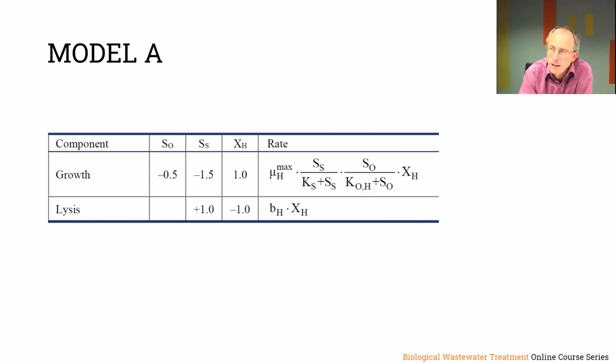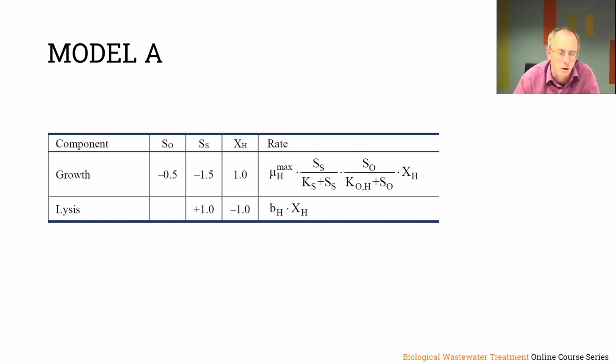If you would rewrite this now in terms of a yield which is 0.6 or 0.66, as a standard yield which is used in wastewater treatment, then 1 divided by 0.66 is 1.5. Oxygen is 0.5 and the biomass becomes 1, and you can see that the COD balance fits.